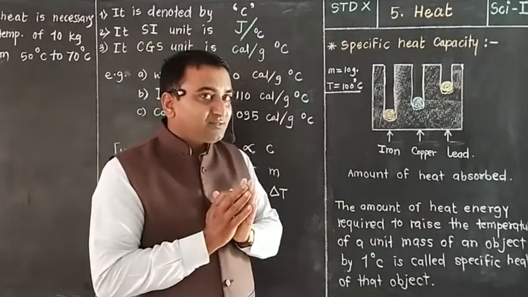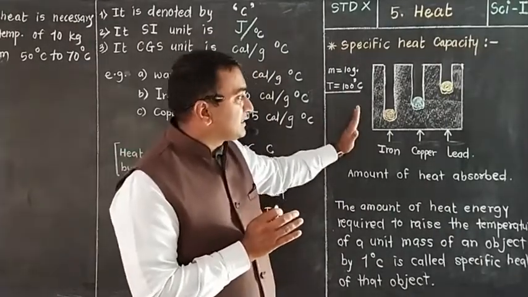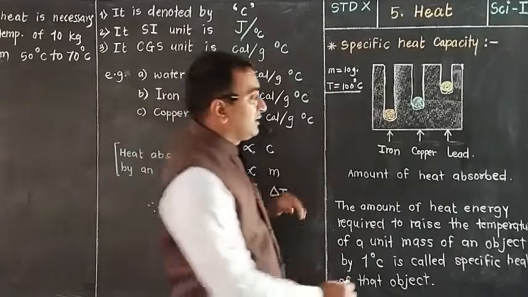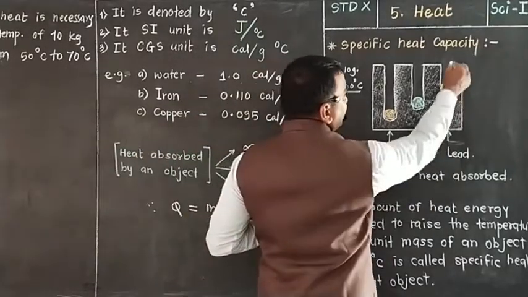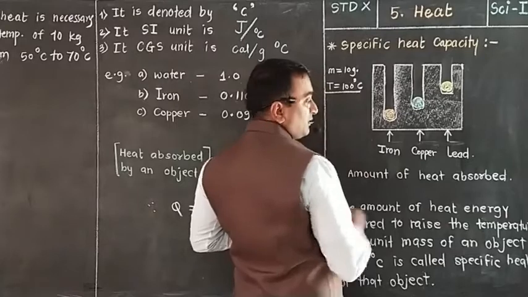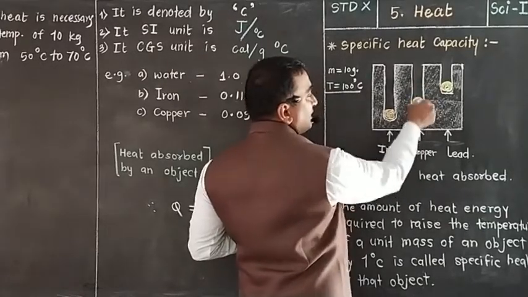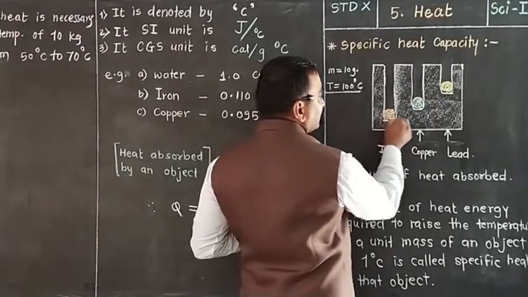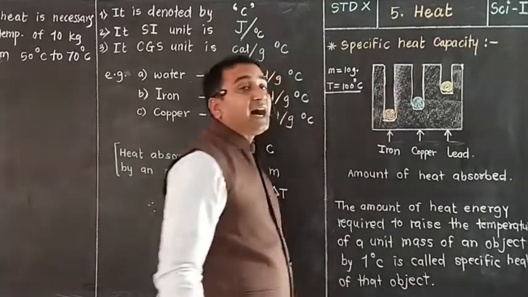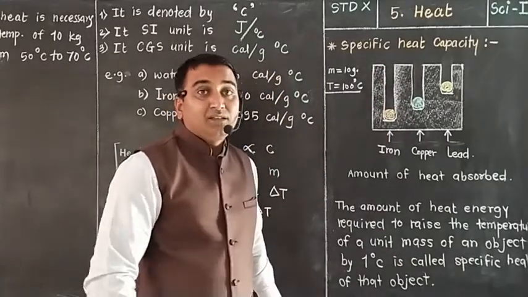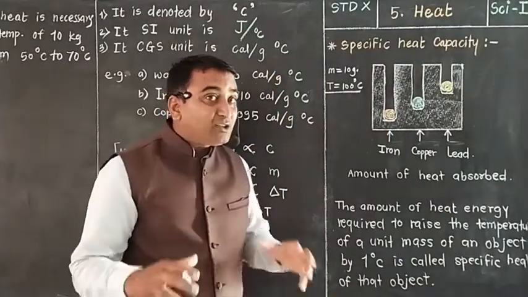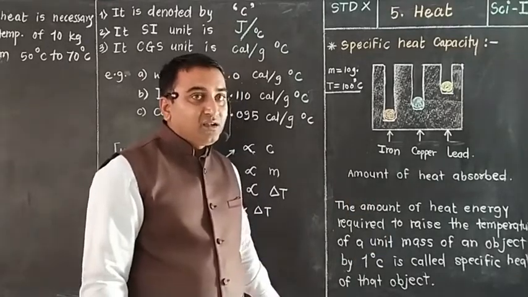Now understand this. As we have considered in this demonstration, the lead sphere's depth is a little less. Then the copper sphere's depth is a little more, and the highest depth is acquired by the iron sphere. That means, who has more heat now?